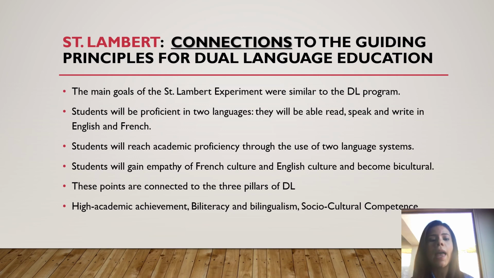Students also will reach academic proficiency through the use of 2 language systems. And students will gain empathy for French culture and English culture and become bicultural. These points are pretty similar to the 3 pillars of dual language education, which are high academic achievement, biliteracy and bilingualism, and sociocultural competence.